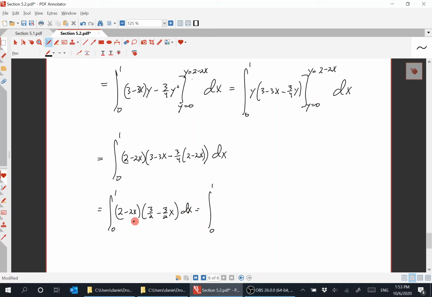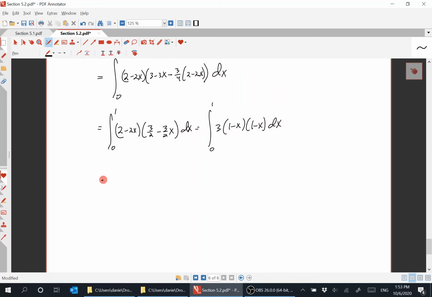So integral from 0 to 1, factor out 2, factor out 3 halves, and we're just left with 3 times 1 minus x, 1 minus x. Right, so that's 3 times the integral from 0 to 1 of 1 minus x squared dx.